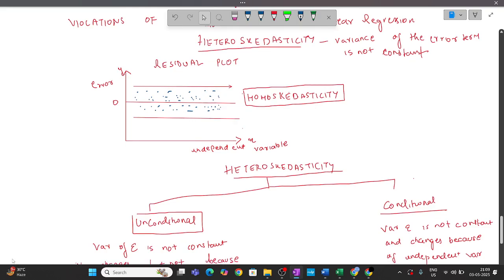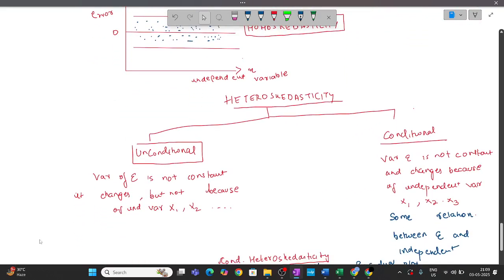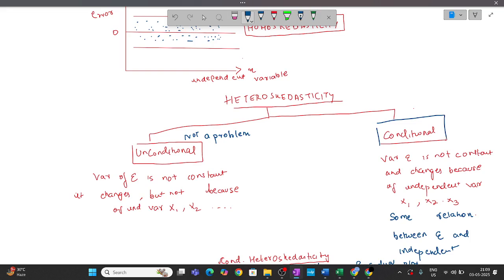Okay, now the thing is that unconditional heteroscedasticity is not a problem. This can be handled. But this is a red flag. This is a problem.